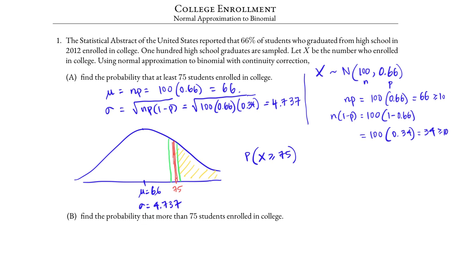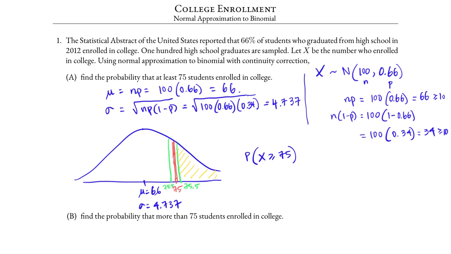Go to the right half unit and go to the left half unit. If we add 0.5 to 75, we get 75.5. And if we subtract 0.5 from 75, we will get 74.5.